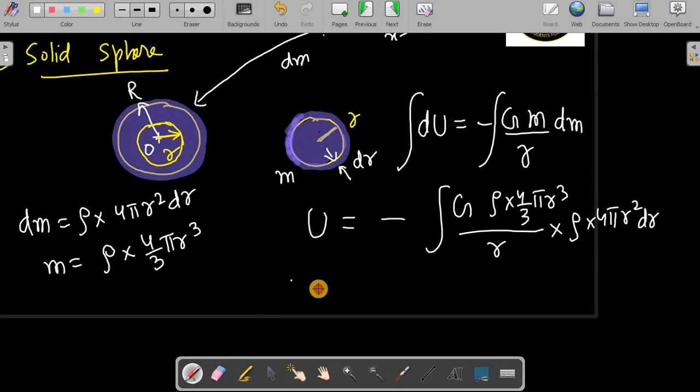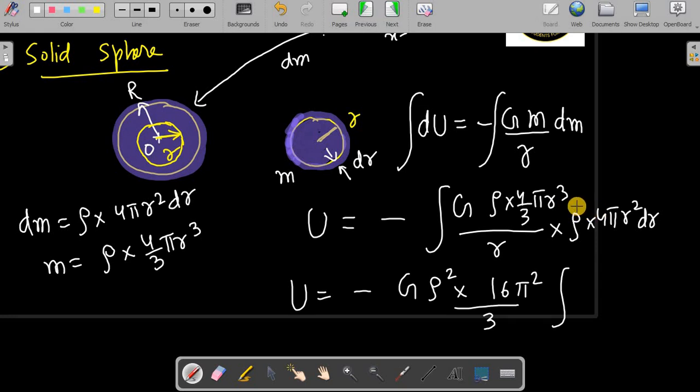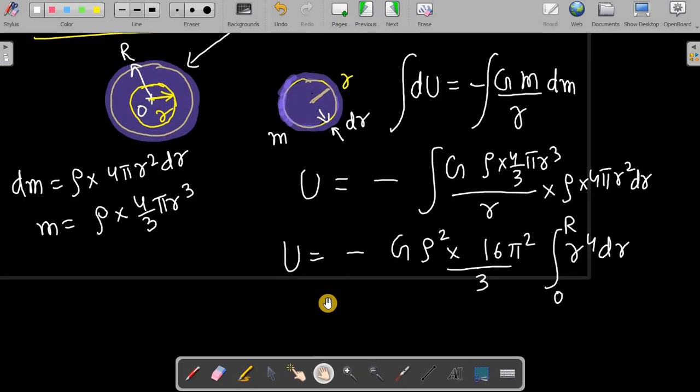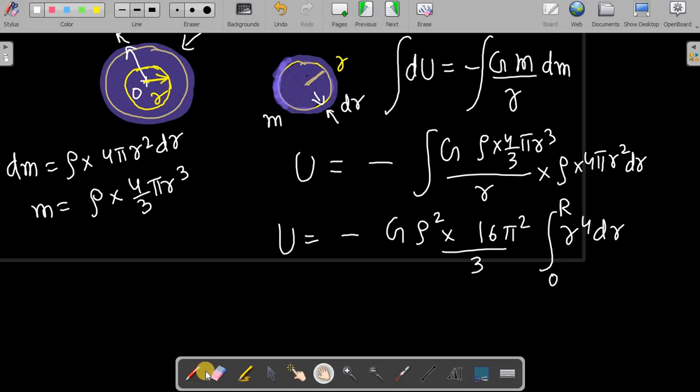So what do you get from here? Minus G, rho square can be taken out, 4 pi times 4 by 3 pi becomes 16 pi square by 3, also a factor. Inside, r power 3 plus 2 gives 5, minus 1 for the division, so r power 4 dr is coming. We build the radius from 0 to capital R. This is what you get, the self potential energy.